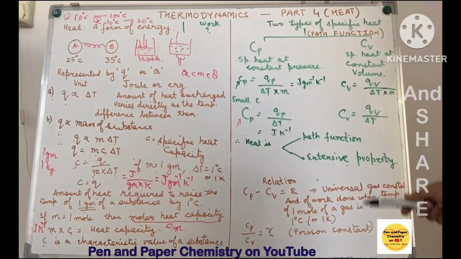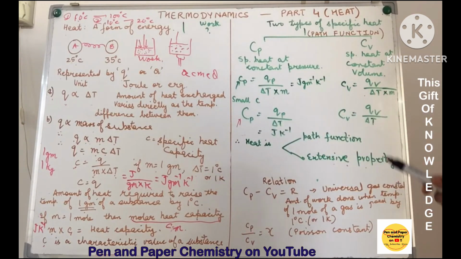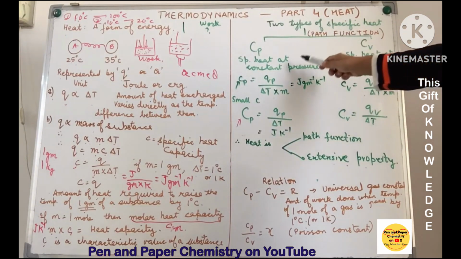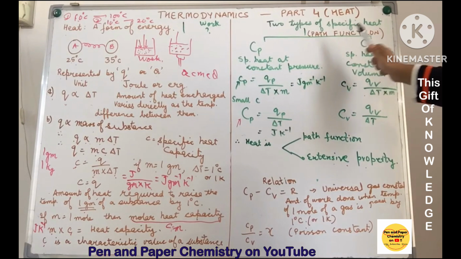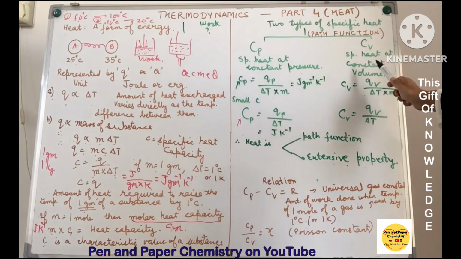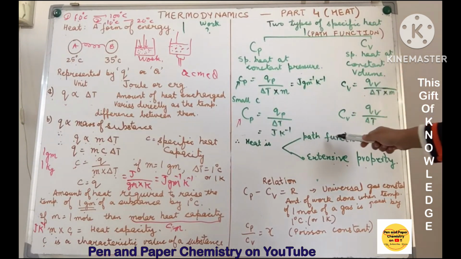But specific heat is per gram, so specific heat would be an intensive property, a property which is independent of the mass of substance taken. Heat also varies with the conditions of the reaction. So we have Cp, specific heat at constant pressure, and Cv, specific heat at constant volume. Hence we say heat is a path function, depending upon the path taken to bring about that change.